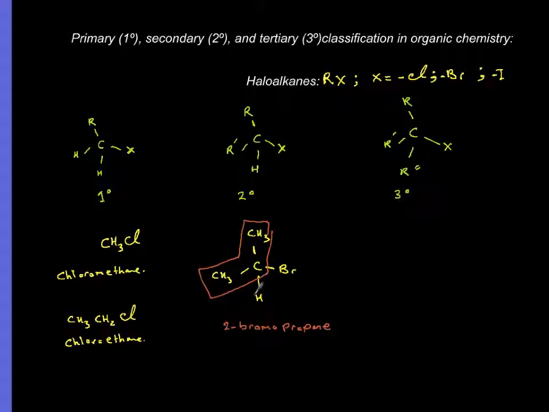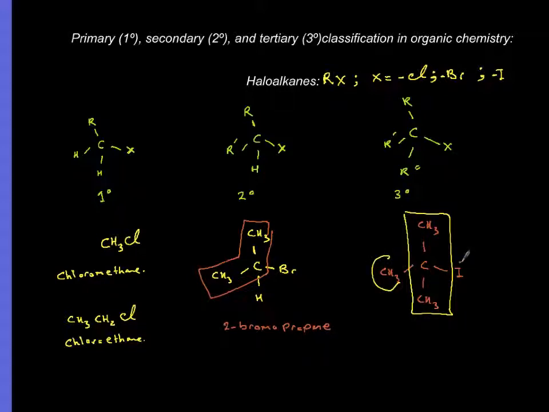Now if the last hydrogen is also replaced with alkyl, then you're tertiary. So if we put CH3, CH3, CH3 attached to an iodine, this is a tertiary haloalkane. How do you name it? The longest continuous chain is this, and you have a methyl group and also your halo group here.